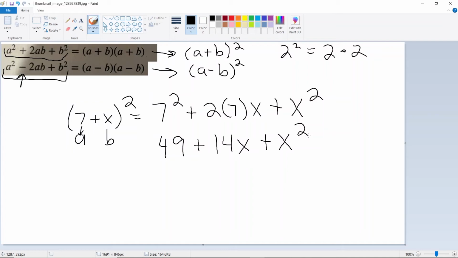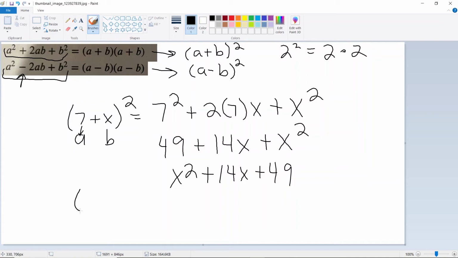Now, normally you'd write that in descending powers of x. But that's how you do it. And that looks exactly like x plus 7 squared because all the signs are positive.